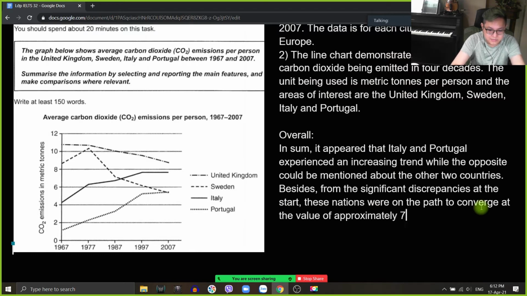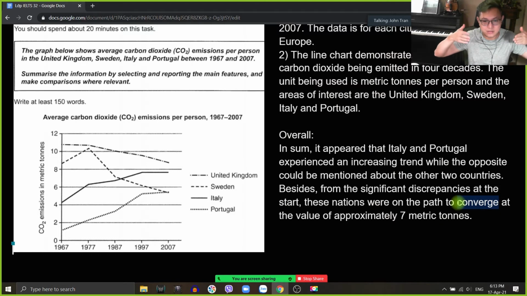approximately 7 metric tons. Ngoài ra, từ những cái sự khác biệt đáng kể ở cái khúc ban đầu, những đất nước này đã ở trên một cái con đường mà nó converge. Converge means they actually converge at one point, you know.